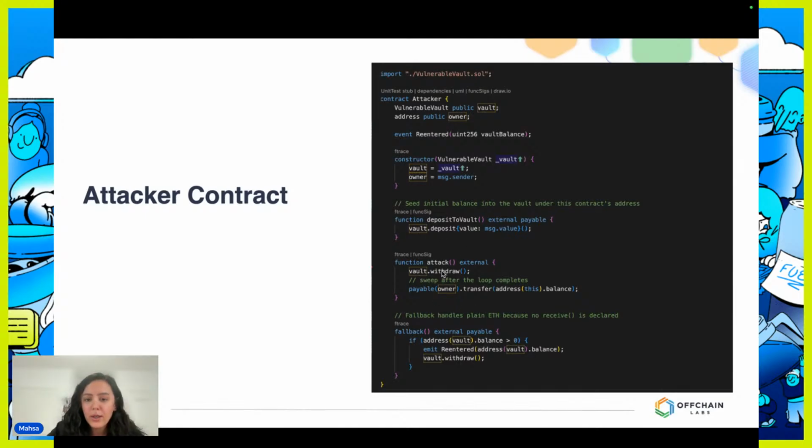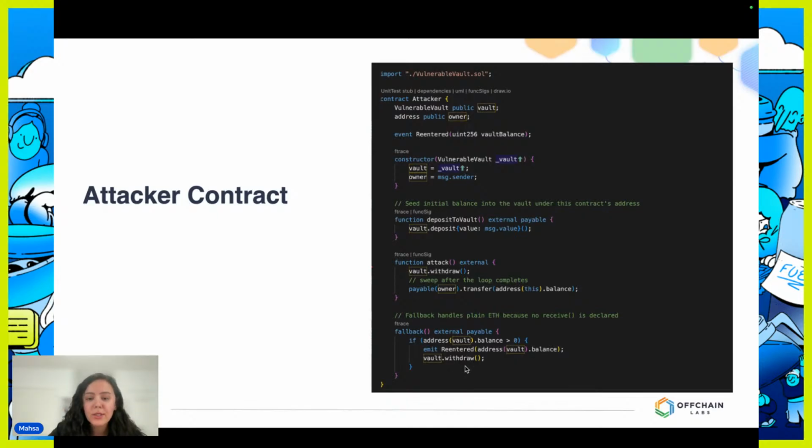So they call the attack, and it calls the withdrawal from the vulnerable vault, and because that vulnerable vault sends Ether to the attacker contract before updating the balance, and there's no call data with that, the attacker's fallback function gets triggered. And here, as I said, they can put any code they want.